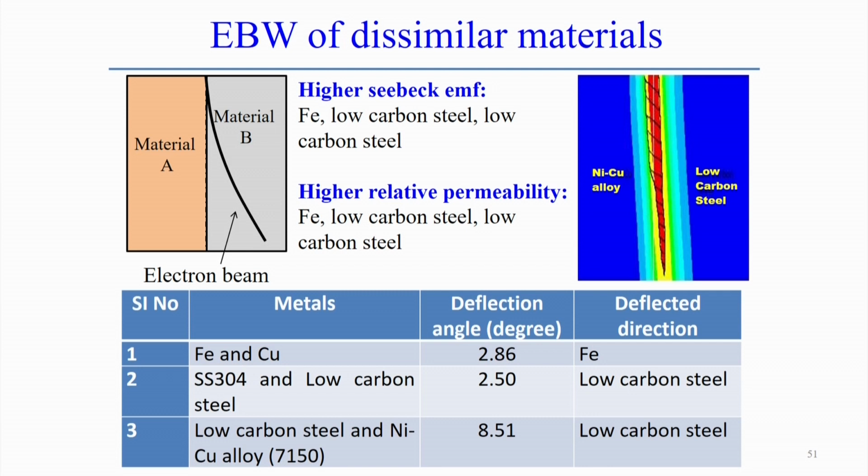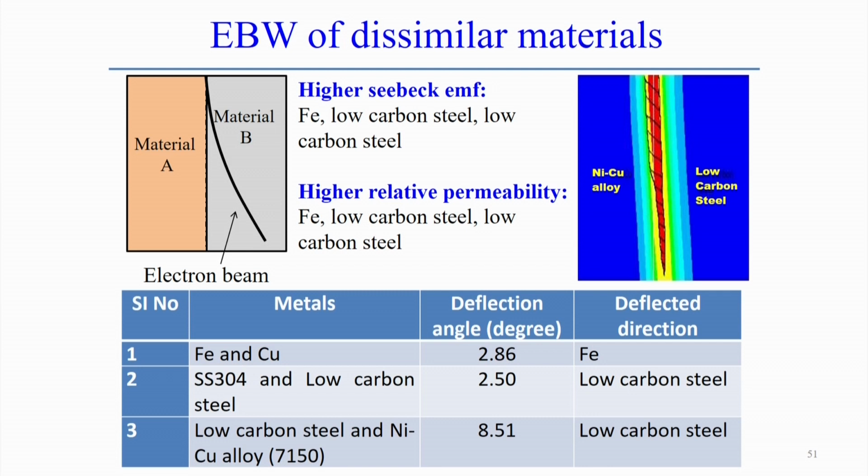Basically, since the magnetic permeability of these materials is different, that actually helps to create the beam deflection. In this case, the higher relative magnetic permeability is in iron in the first case, and low carbon steel in the second and third cases.